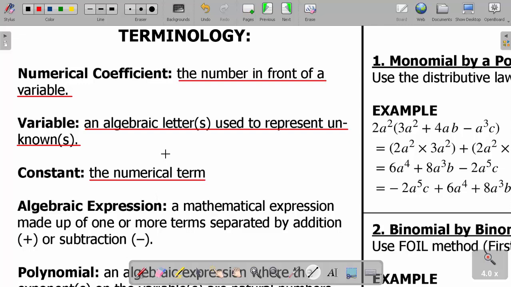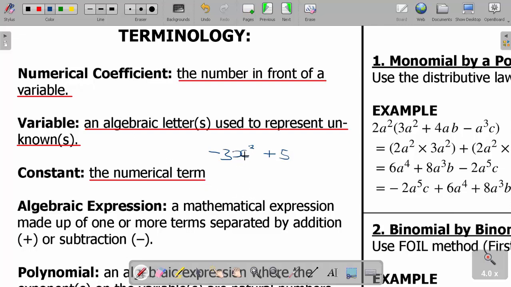Take an example here. If I say this is -3x squared plus 5, okay, so the -3 is called the coefficient. That's what you see here, the numerical coefficient.